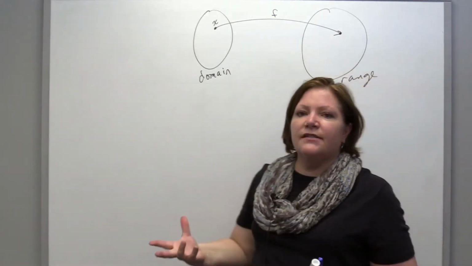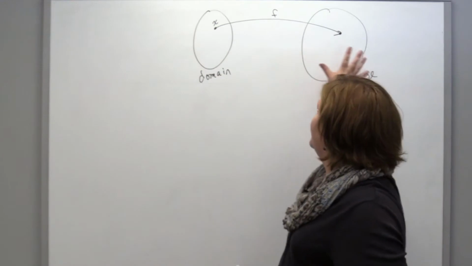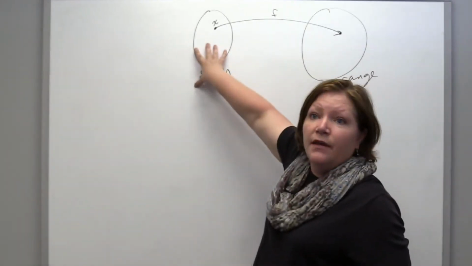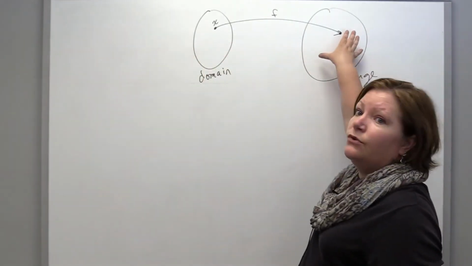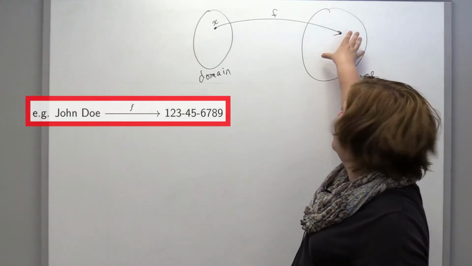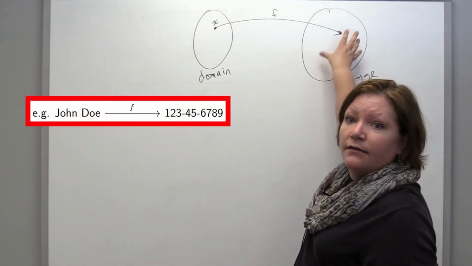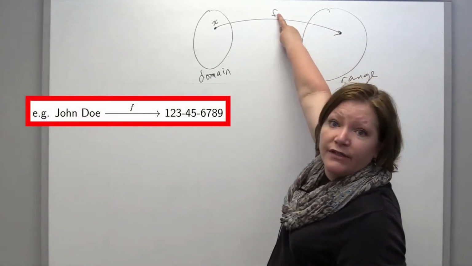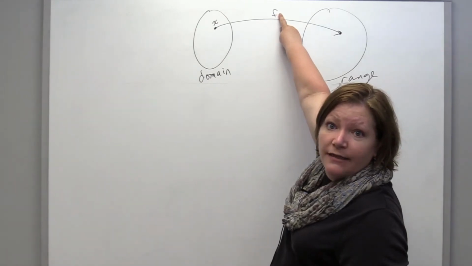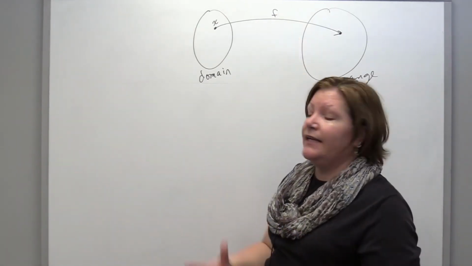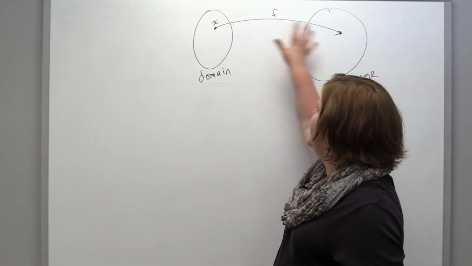Now, these sets can be lots of things. These can be people, and they can be assigned to a social security number or a student ID number. Each school is going to have a different function for that ID number. Schools have different types of ID numbers and various things like that.